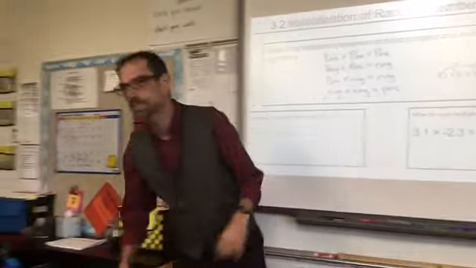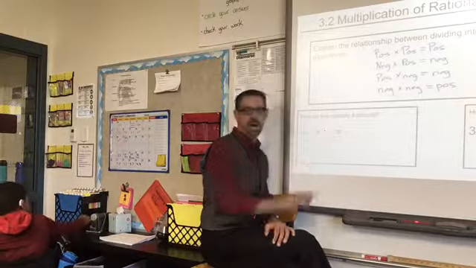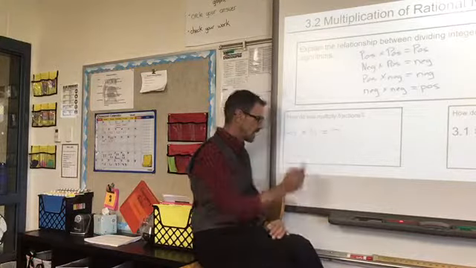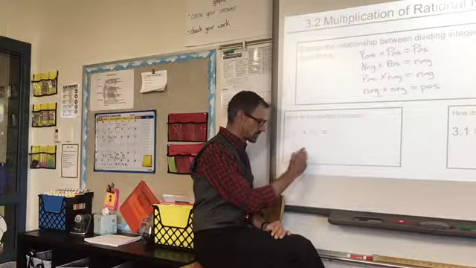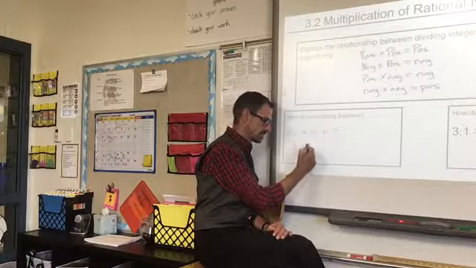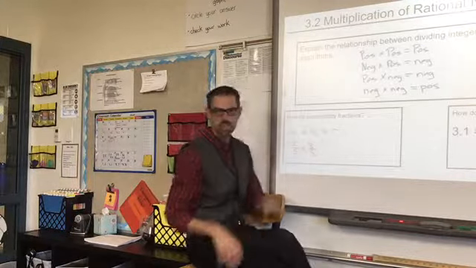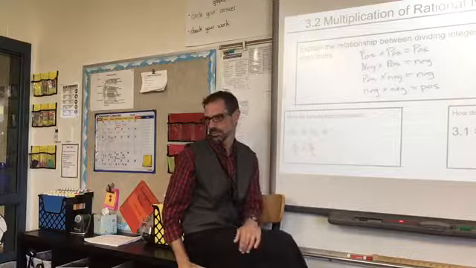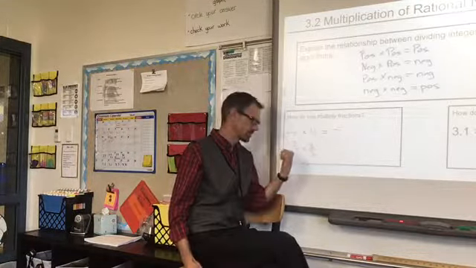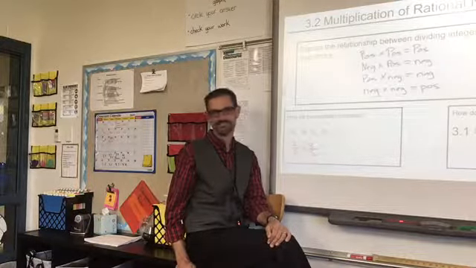So this is a little bit of review looking at how we multiply fractions. Here I have a negative times a positive. So what's my answer going to be? Negative. So I'm just going to put the negative over here. I would like you to write it this way too. You know how it's slanted a little bit? That's just how I make fractions on my computer. It's just faster.